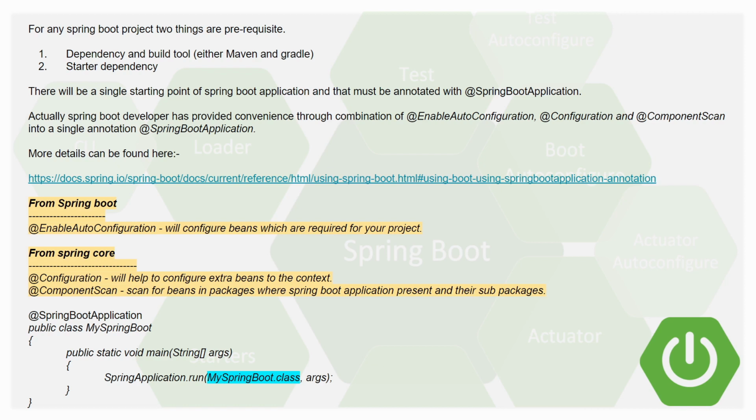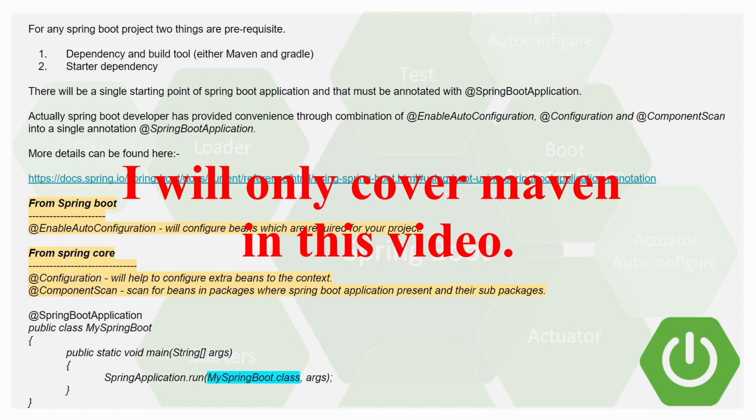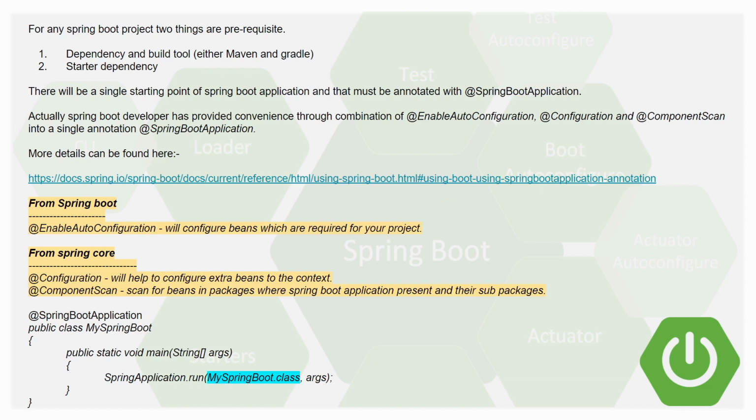If you have a good understanding of these tools, you will understand Spring Boot in a better way. I will focus on the most important points of Maven or Gradle required to develop a Spring Boot application, so no worry. Then the other dependency is the starter dependency.